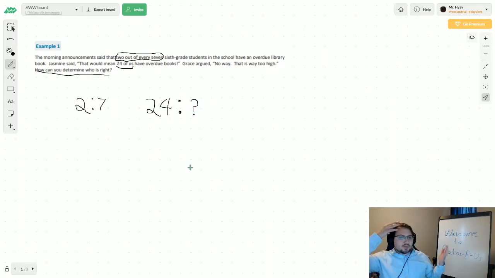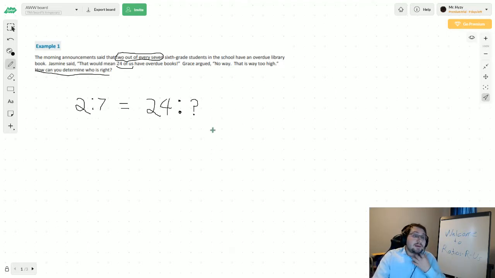We don't know what that number is because we haven't yet been told how many kids are in the 6th grade. But we can try to find that out, because we know that in order for Jasmine to be right, these two need to be equivalent ratios.